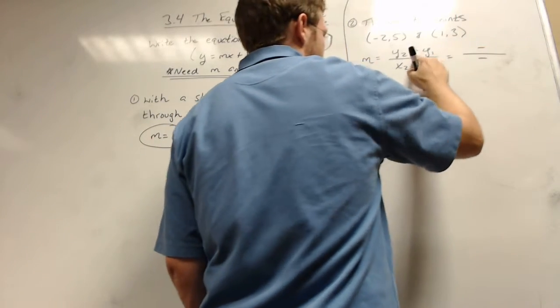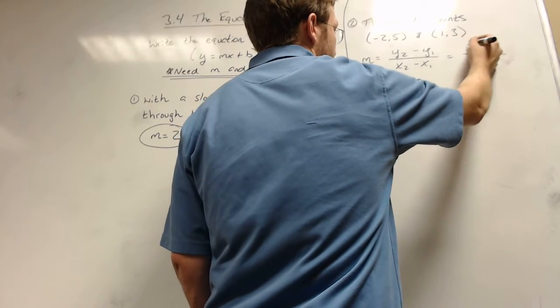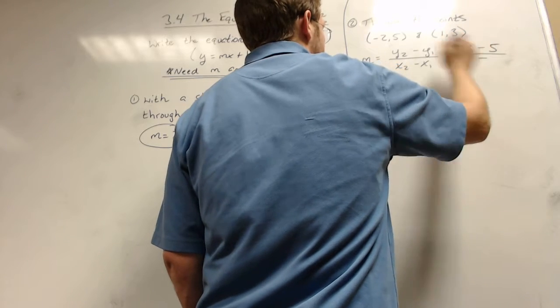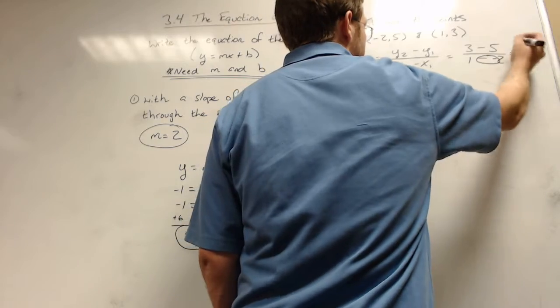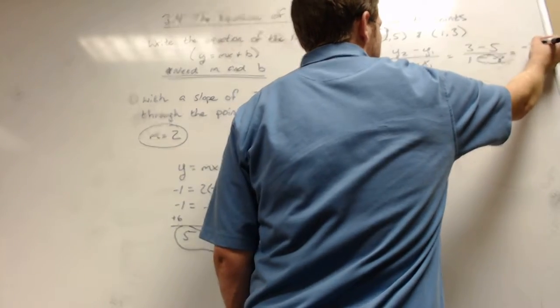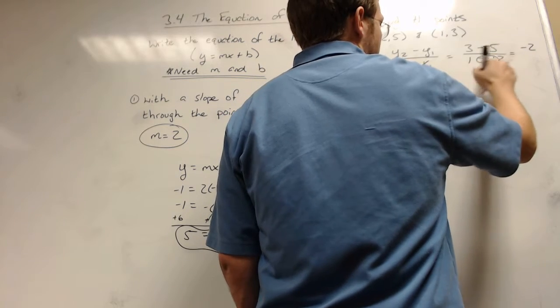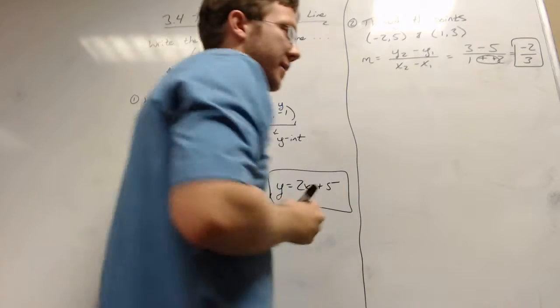I am subtracting both, so those negatives are always going to be there. y2, y1, x2, and x1. There happens to be a double negative that appears here. That's okay. 3 minus 5 is -2. And these turn positive, so 1 plus 2 is 3. We end up finding a slope of -2/3.